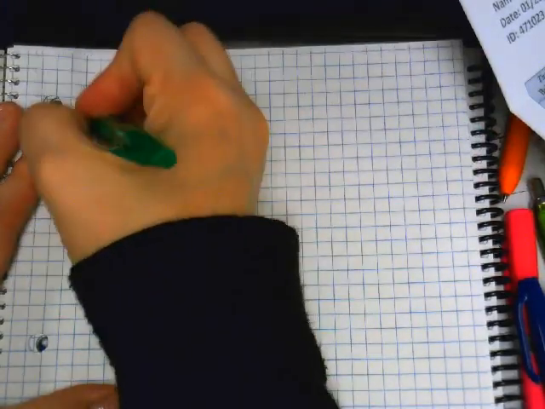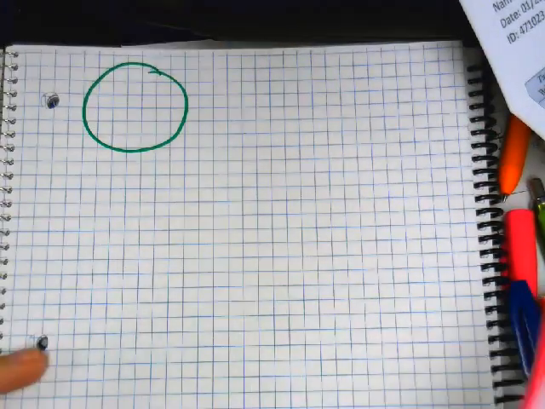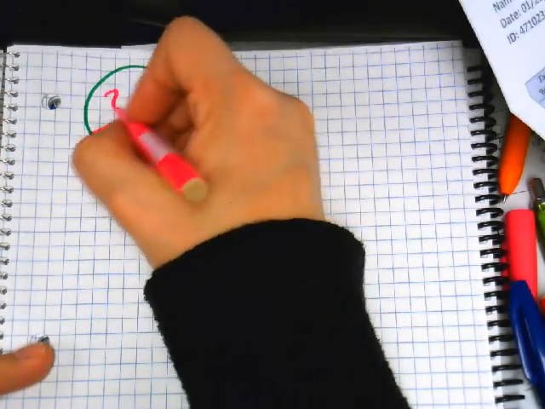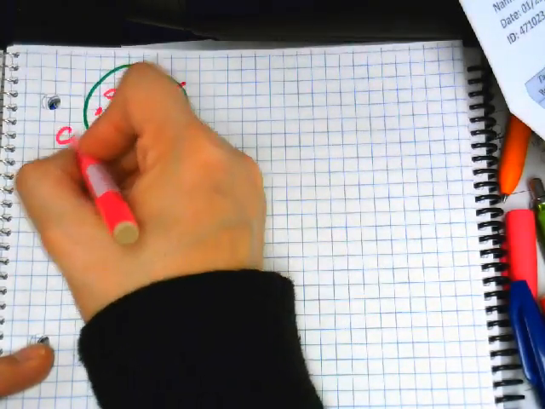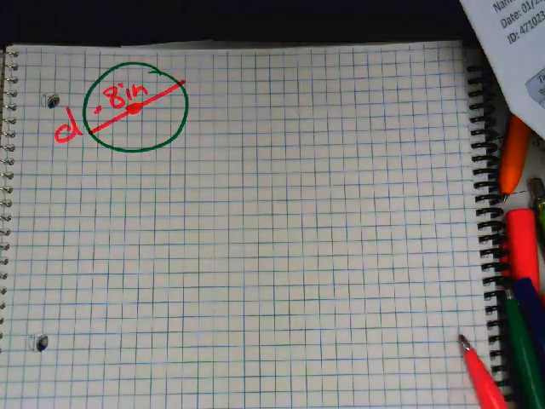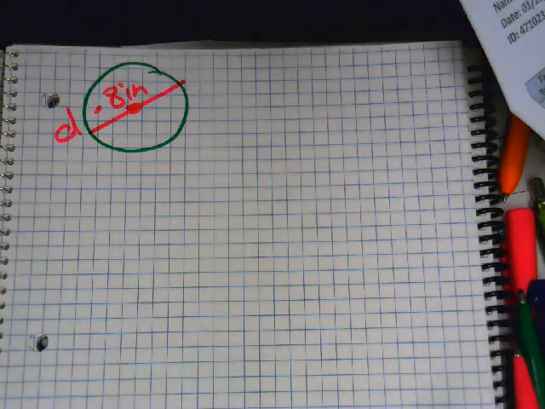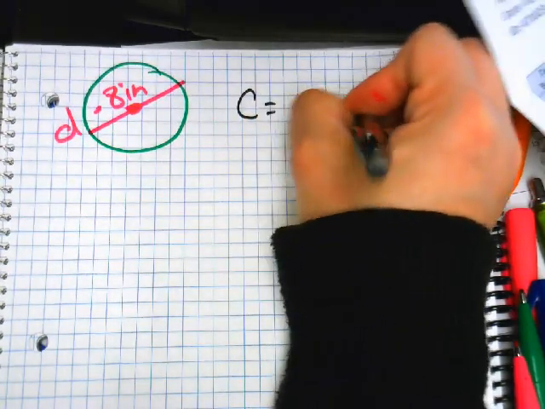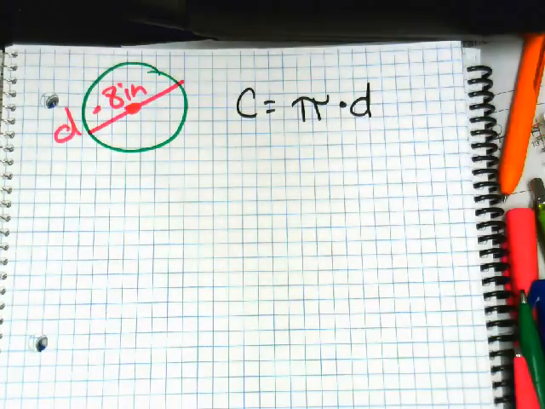Then we'll do a hard one. Okay, diameter is 8 inches. So this is the diameter. Circumference is equal to pi times the diameter, pi times d.